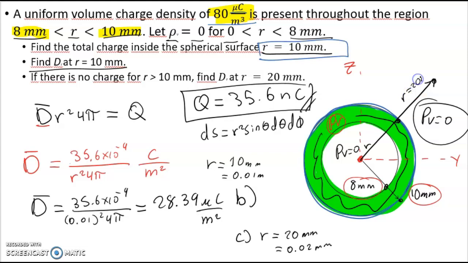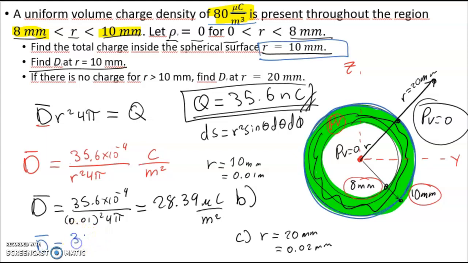Even if we extend the radius to 20 millimeters, the only charge present is the one in this hollow sphere, so it will not affect the calculation of Q. At the end, we only have to replace the new radius in the flux density equation.